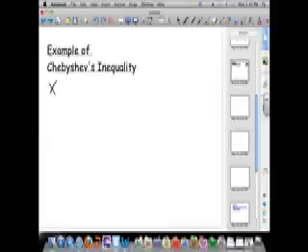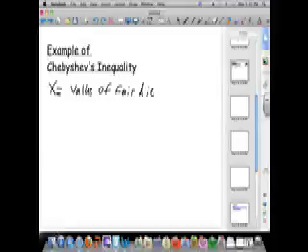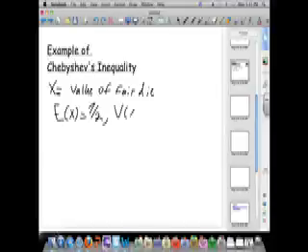If x is a random variable that equals the value of one die, then we have from previous examples that the expected value of x is equal to 7/2 and the variance of x is equal to 35/12.